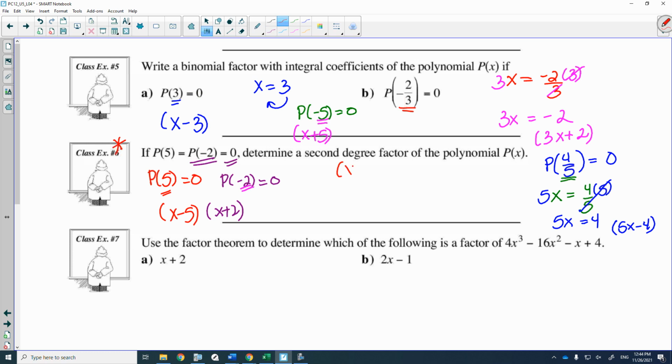So if I take x minus 5 and multiply it by x plus 2, and I expand this, I get x squared plus 2x minus 5x, which would be minus 3x, minus 10. That would be the second degree factor. Remember, second degree is a degree of 2. Because if I factored this, I'd go back to x minus 5, x plus 2, and that would give me x-intercepts of 5 and negative 2.